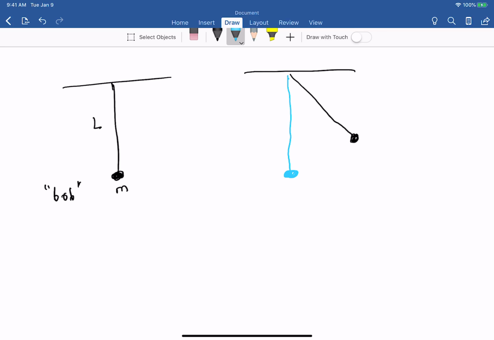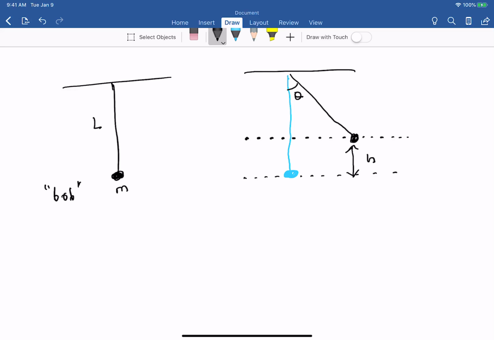The question is asking, if we've swung it out by an angle theta, what is the change in height of the bob? The original height of the bob was this. The new height of the bob is this. And so this is the difference in height, and that is what we have to figure out.